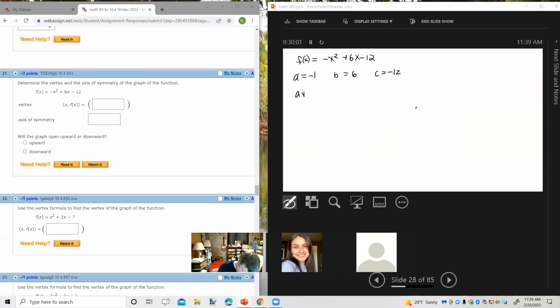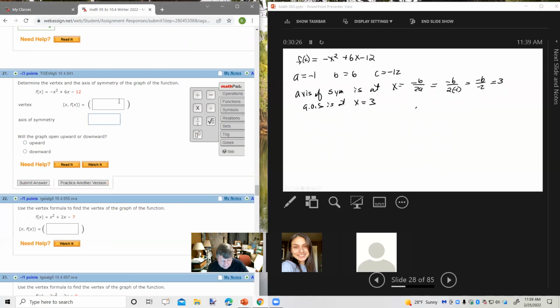So the axis of symmetry is at x equals negative b over 2a, which is negative 6 over 2 times negative 1, which is negative 6 over negative 2, which is 3. So the axis of symmetry is at x equals 3. Again, the equation x equals 3.